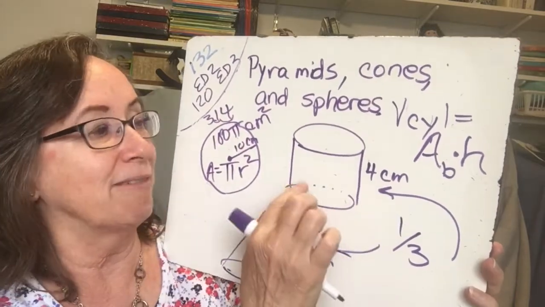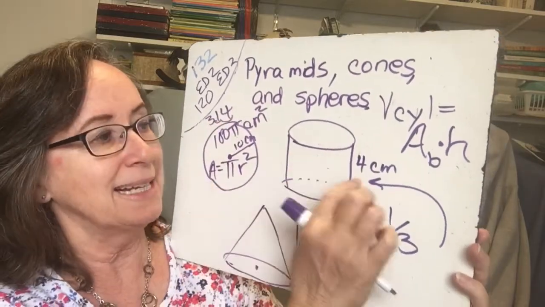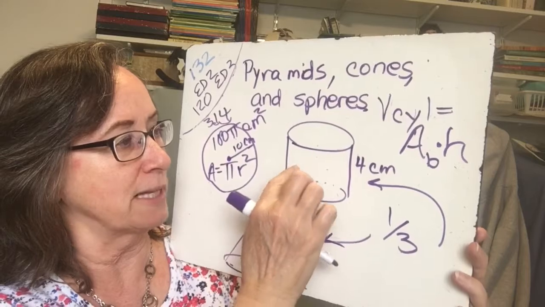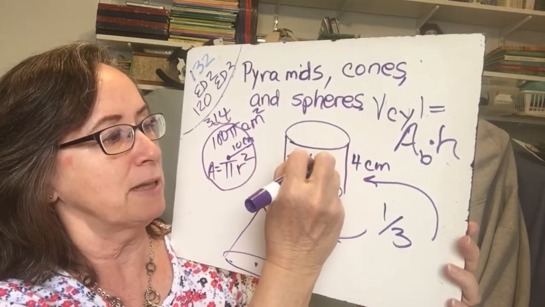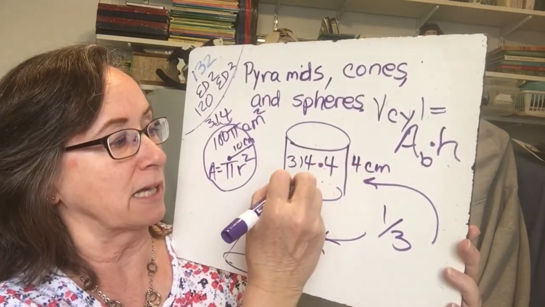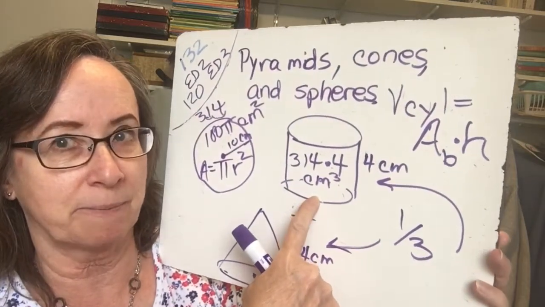So the volume here is going to be 314 times the 4 cubic centimeters. So this one is 314 times the 4 cubic centimeters, centimeters cubed, and that will be the volume of this one.